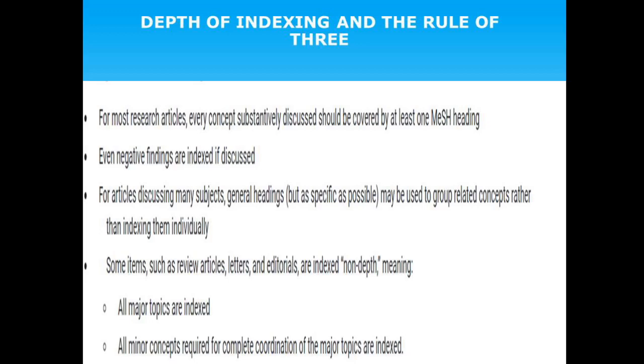Okay. Even negative findings are also discussed. That is depth. You are going into detail about the article. If the negative findings are discussed, remember, not merely mentioned, if they are discussed, you have to include them. For articles discussing main subjects, use general headings, but as specific as possible, and you may group related concepts rather than indexing them individually.